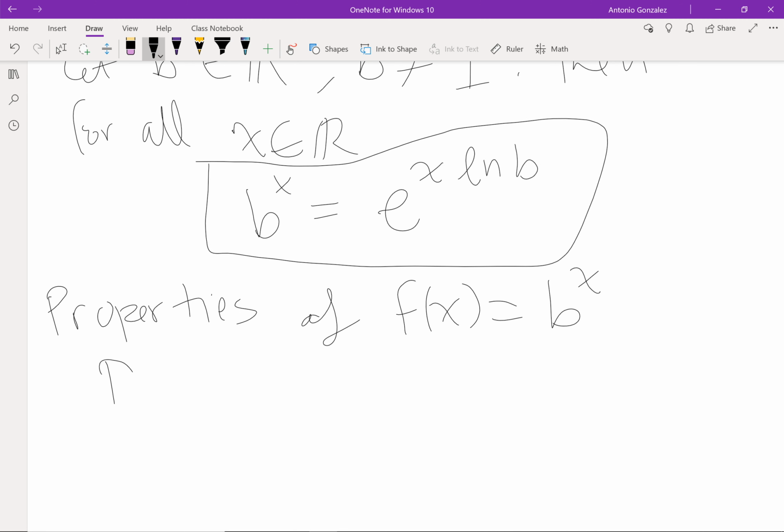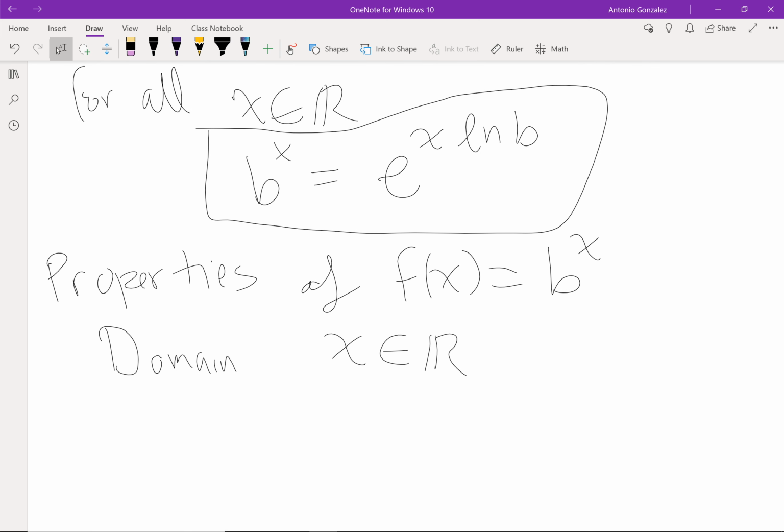In other words, the domain will be all real numbers. And the range, similar to e to the x, is all positive real values, directly from the exponential.